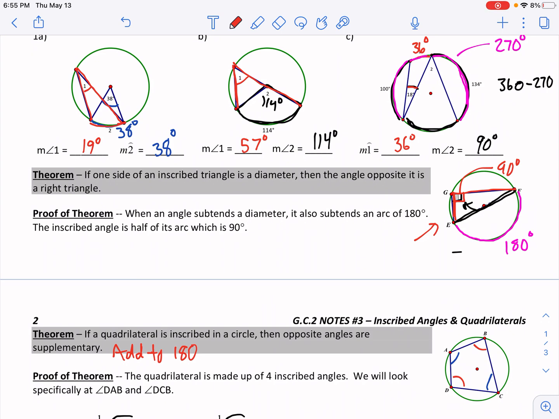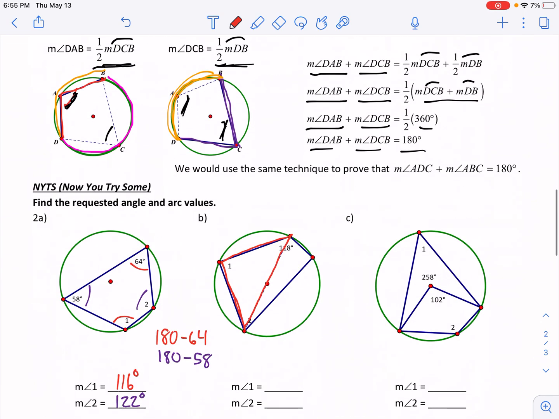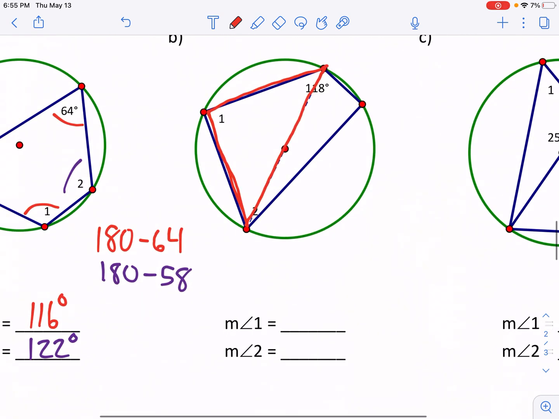Well, then the angle opposite that side, opposite the diameter, is a 90-degree angle. So that's actually going to help us with finding angle 1 here, because if this guy is our diameter, then the angle opposite has to be a 90-degree angle. So angle 1 here is 90 degrees.